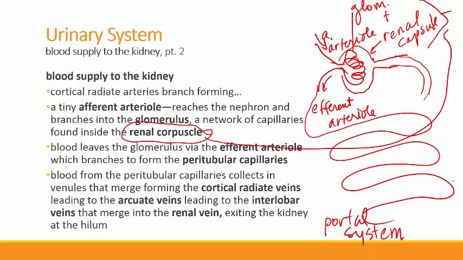And of course, the whole blood supply coming to the kidney comes from the abdominal portion of the aorta.